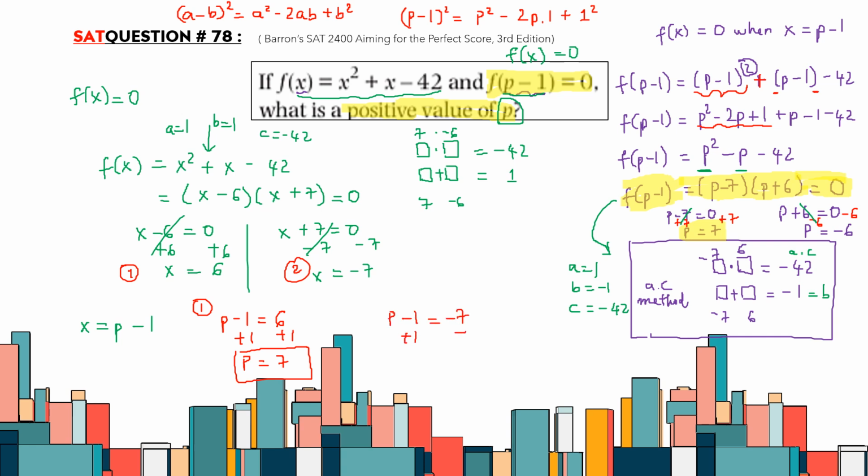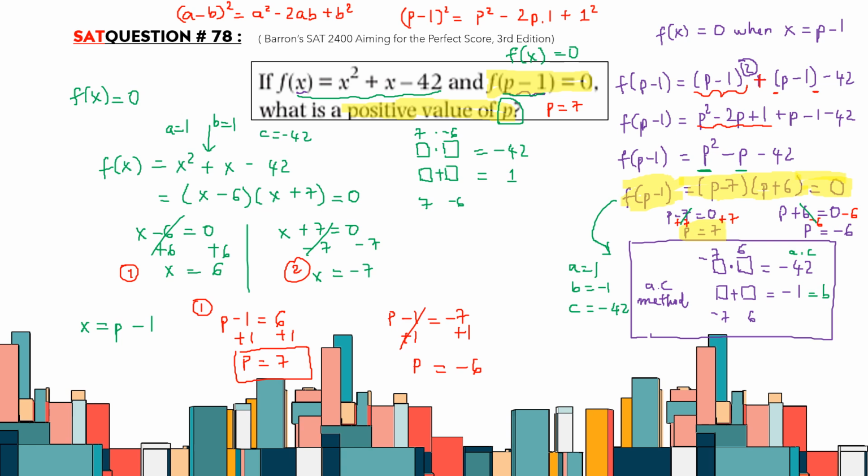You add 1 to both sides, you will have p equals negative 6. Since we only want the positive value of p, p equals 7 is the right answer. They may change the question to ask what is the negative value of p, so the answer will be p equals negative 6.